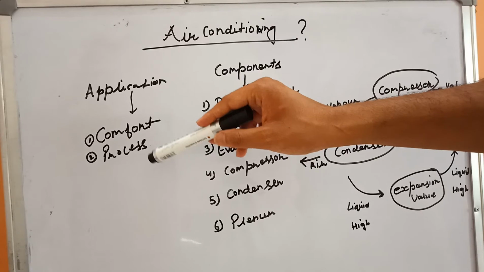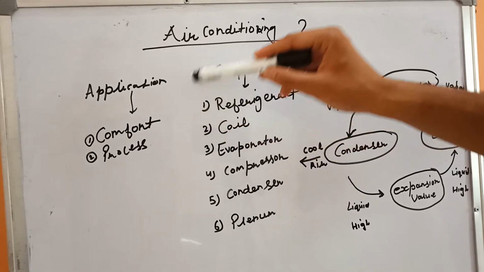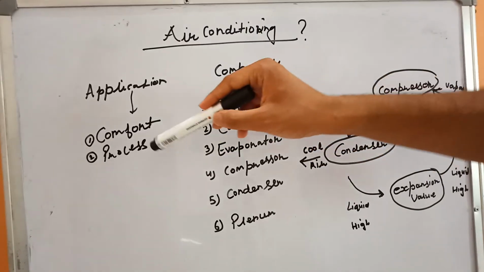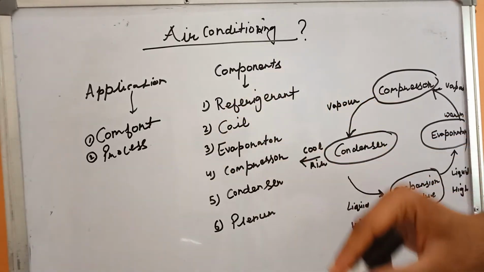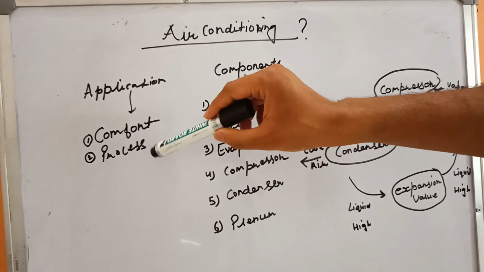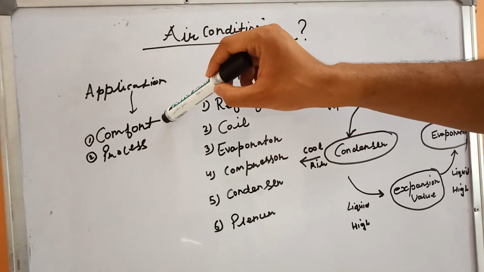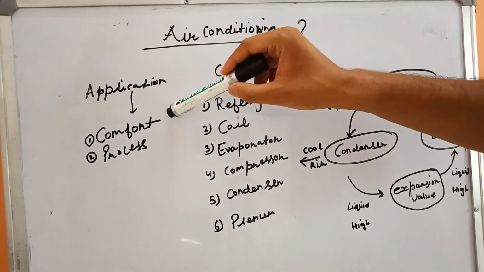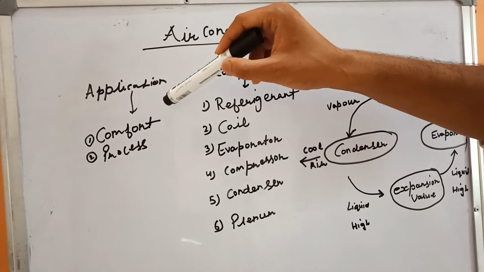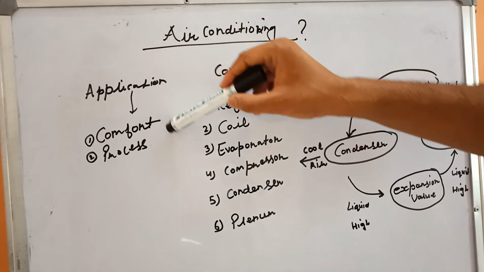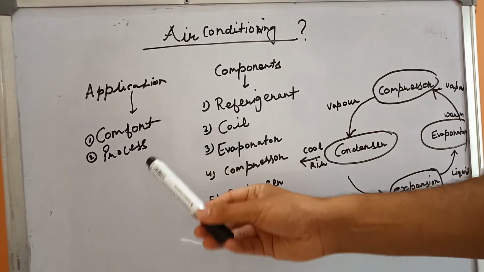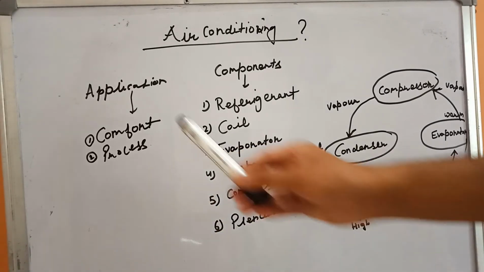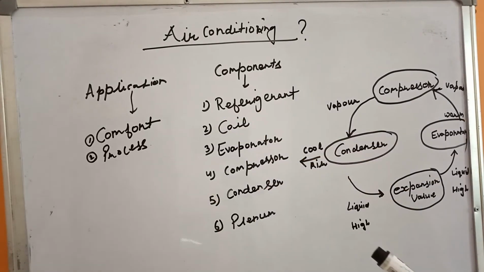Any facility which needs continuous cooling, regardless of the outside temperature or inside temperature, it remains constant. But in comfort application, we can change according to the external environment condition or internal heat load. So this we can understand by the application basis.